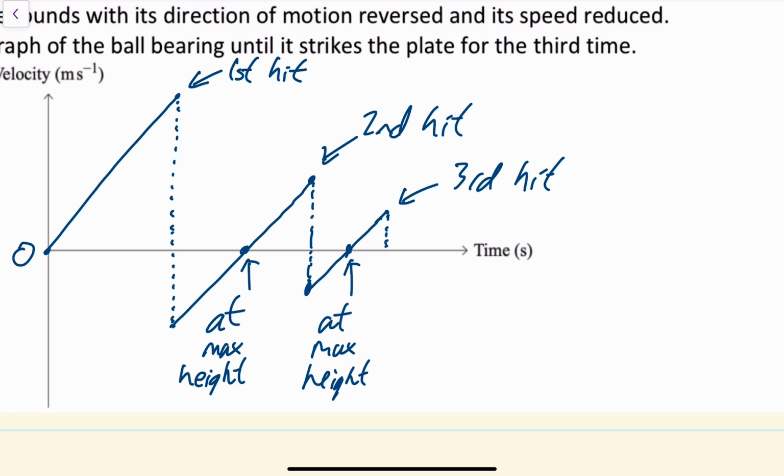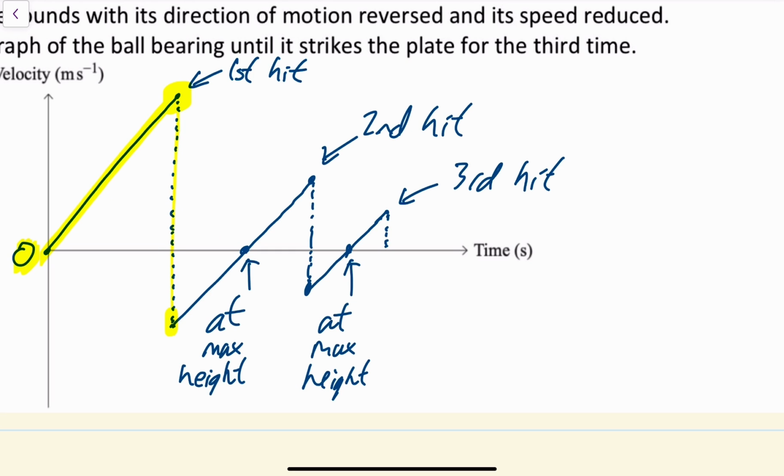Okay, so let me just run through that again. So start off, we drop the ball, so its initial velocity is 0, and it speeds up until it hits. So this is it hitting the ground, and then it changes direction. So that's why we go down to here. So the velocity is now going the other way because it's changed direction, but it's not as great. So this distance and this distance are different because it's reduced its speed.